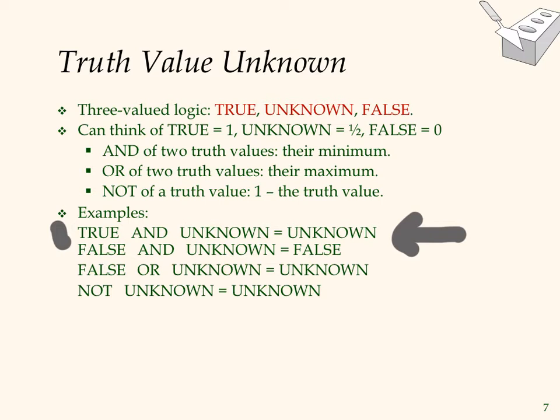Unknown is a half, 1 over 2. And so and says that we take the max, the min. I made that mistake again. So the min is a half, right? The minimum of 1 and a half is a half. So we get back the answer a half as the minimum.